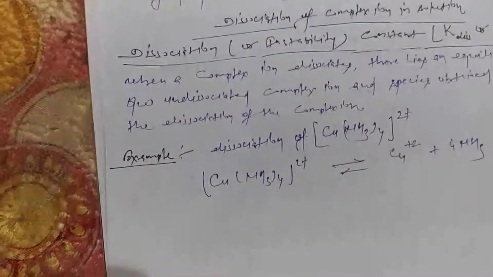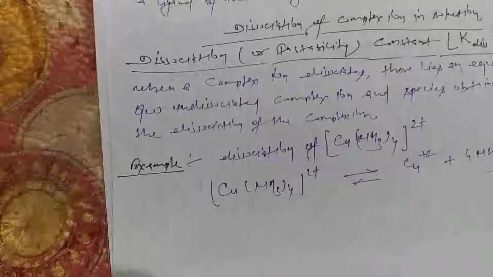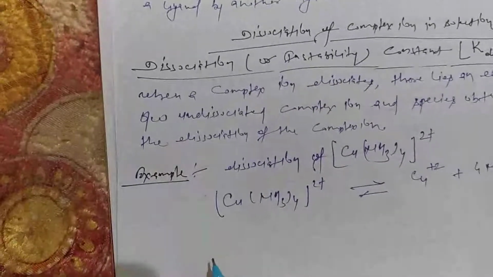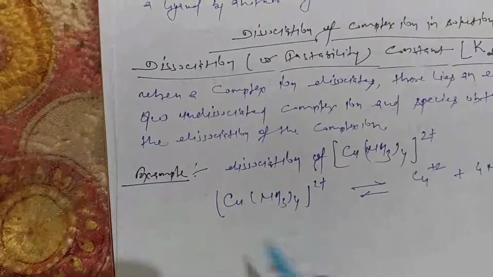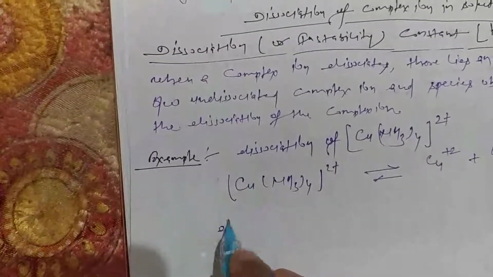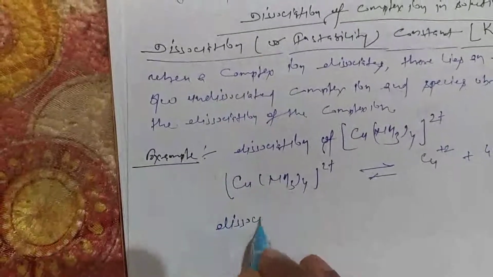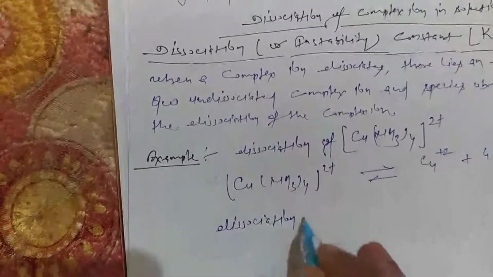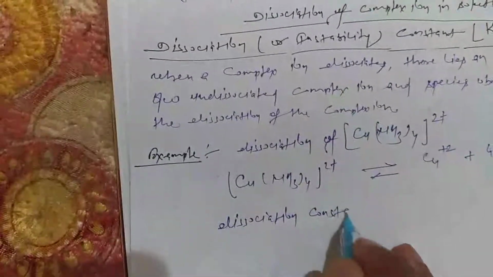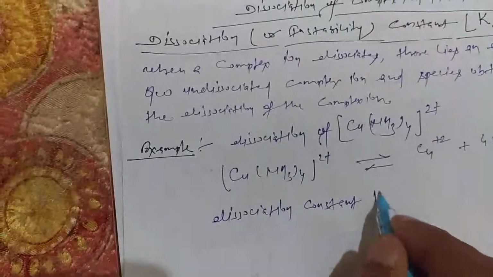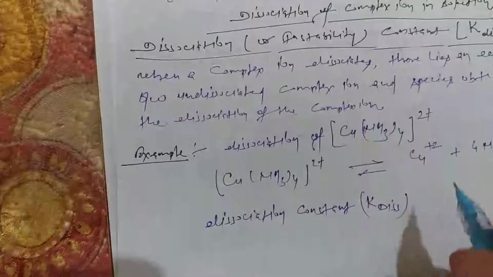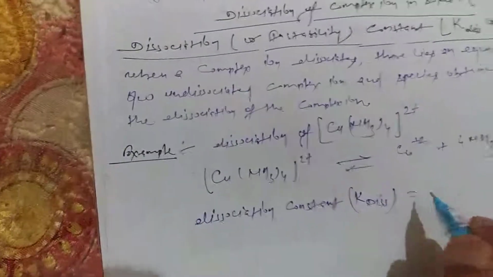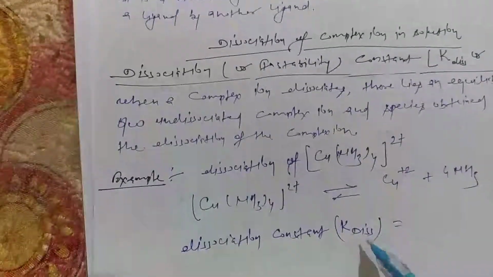So what will be the dissociation constant? It is also called the instability constant. The dissociation constant K diss is equal to product upon reactant.